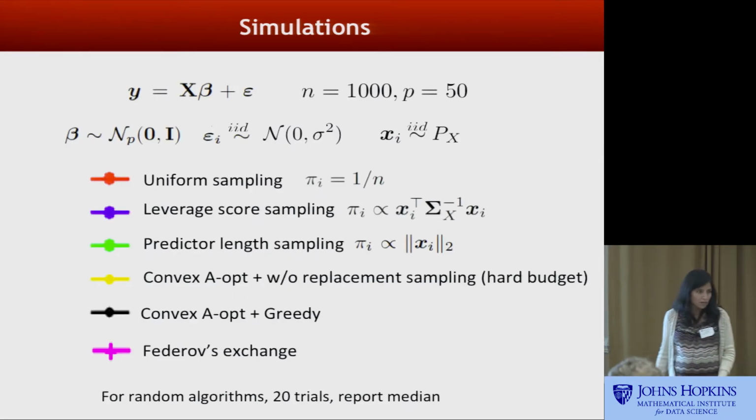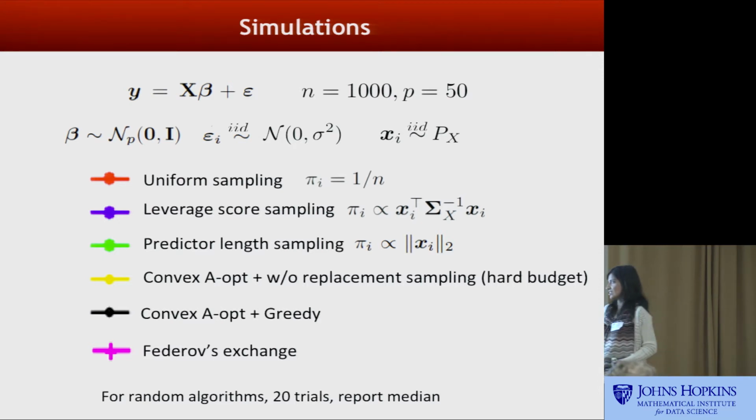Okay, so just some simulation results here, comparing a bunch of methods. Data is generated according to the linear model exactly, with this noise. We compare uniform sampling, leverage score sampling, and predictor length sampling, which is basically the same as this except for assuming sigma x is like identity or close to it. These are the two relaxations I talked about: the convex relaxation followed by sampling, or followed by the greedy pruning procedure.